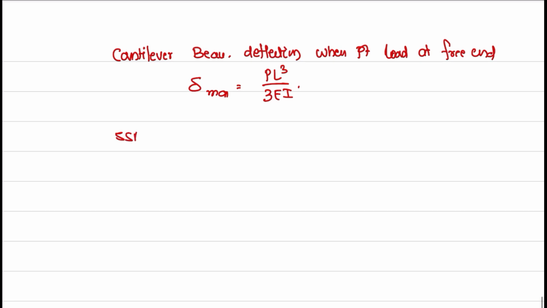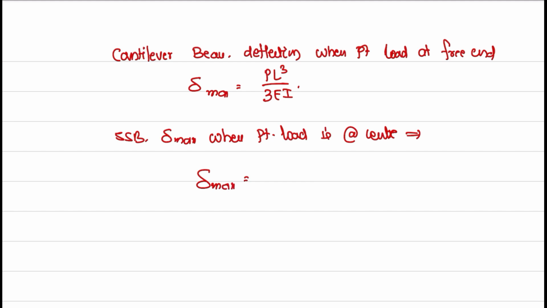For simply supported beam, delta max when point load is at center implies delta max is equal to PL cube by 48 EI.